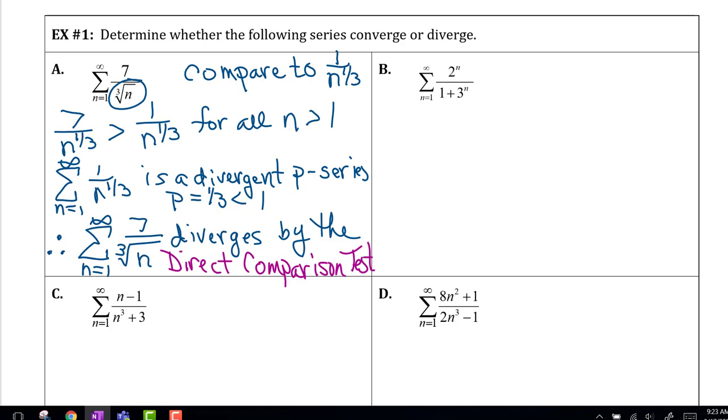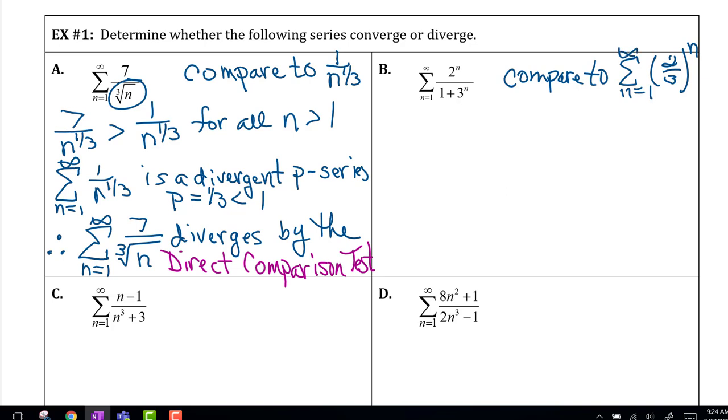All right, for letter B then, if you notice, if we just ignore the +1, we kind of have a geometric series here. I'm just going to not be super formal and not put the limits of integration there, but you can if you want.